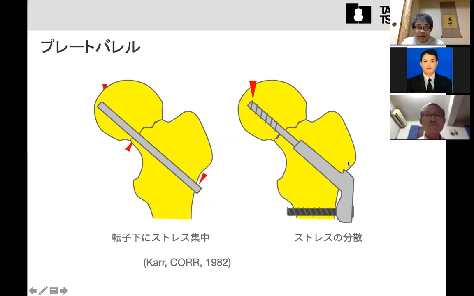In addition, if we use this side plate, the stress is separated too. Using this screw, the bone stress is concentrated around here. But if we use the side plate, the loading force is separated to this area and this area.